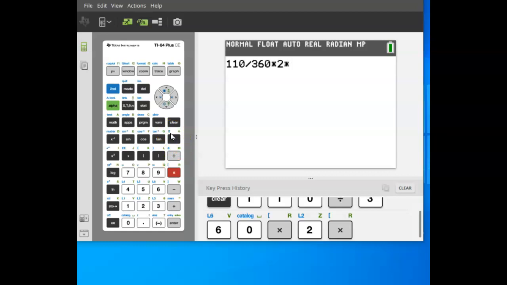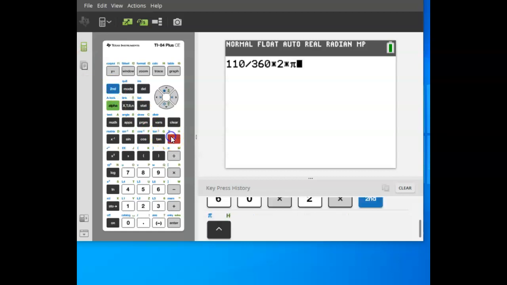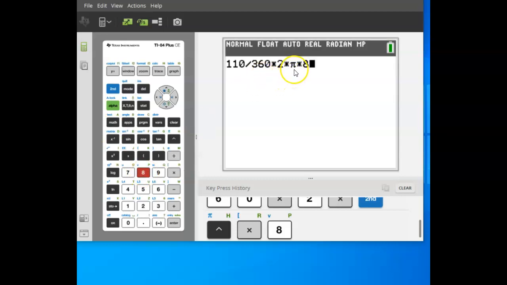If you don't, you can use 3.14, but you might be off, though you'll be really close. You can type in 3.14 or 3.14159. There are lots of different suggestions, but the best way is if you have the pi button, type it in completely.